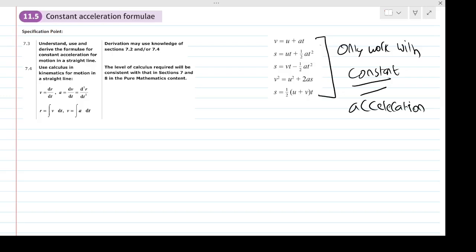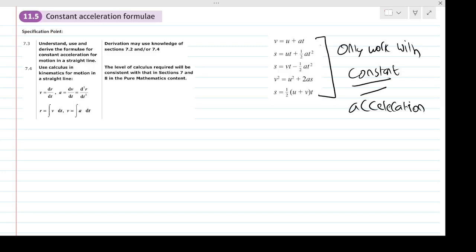And the other thing we can do is derive or prove these Suvat formulas using calculus and functions instead, where previously we've seen how these formulas arise from the velocity-time graph, and you do need to know how to derive these formulas from a velocity-time graph.